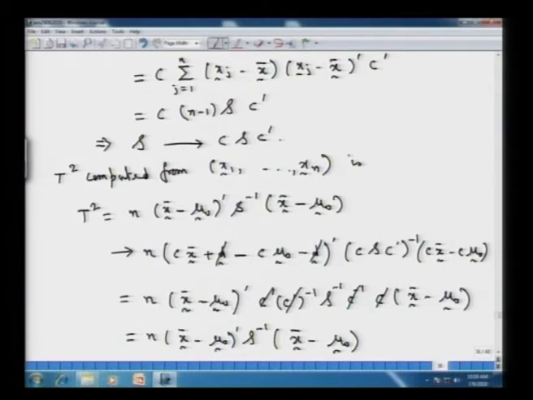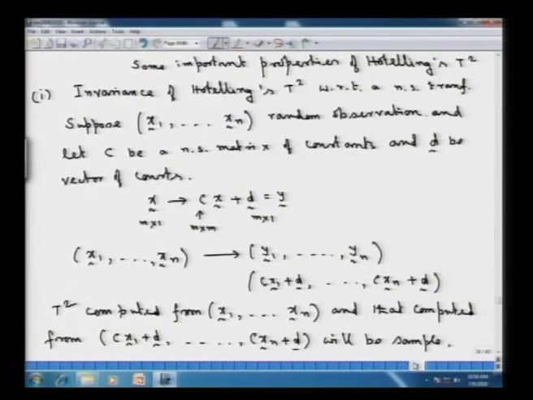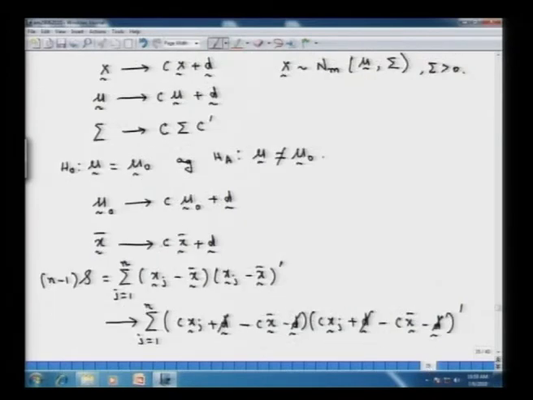This is the T square statistic computed from the y observations, because this is nothing but y bar, the mean corresponding to the y random variables, and this is the sample variance covariance matrix computed from the y observations. That is what we saw: under the transformation we are making, x1, x2, ..., xn is transformed to y1, y2, ..., yn, and this is the mean vector and this is the variance covariance matrix corresponding to the y observations.